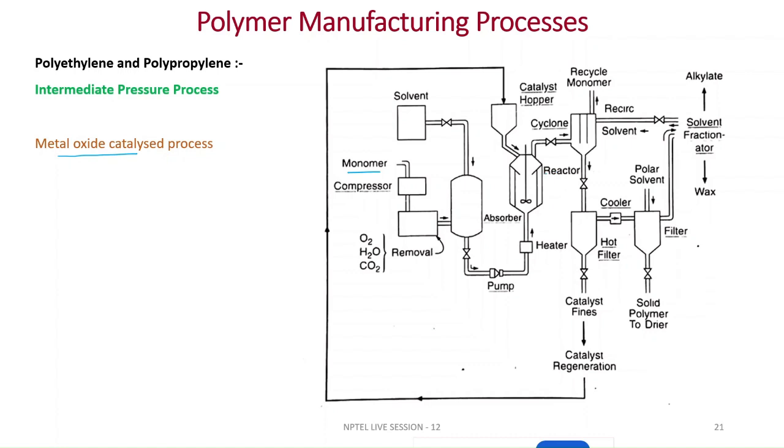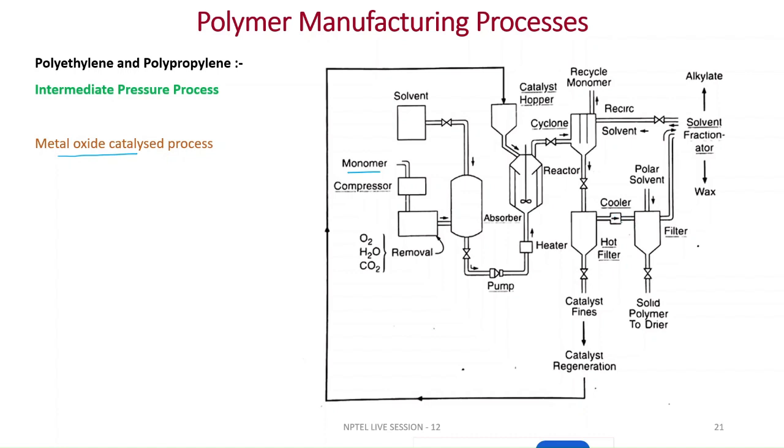After preheating it is fed, and metal oxide catalyst is fed from the top. The products, gas and a solid product, are separated out by cyclone separator. The unreacted monomer will be recycled back, and the reacted product is then cooled down. Catalyst recovery will be there, and those will be recycled back.